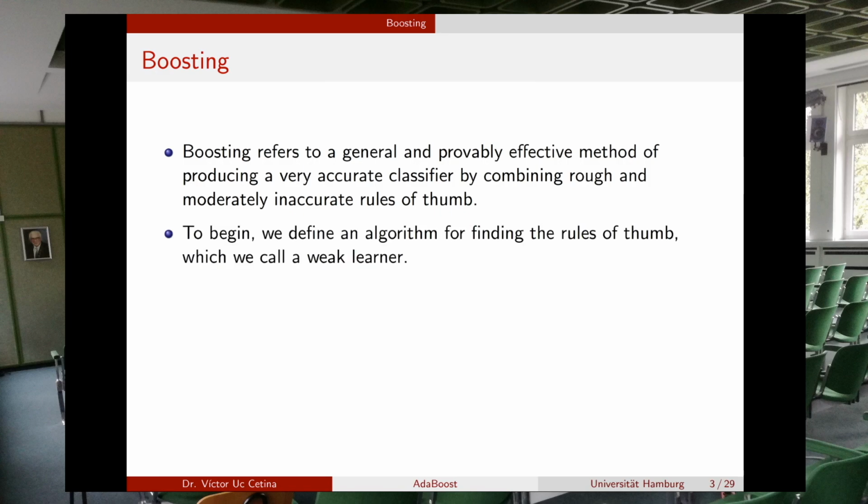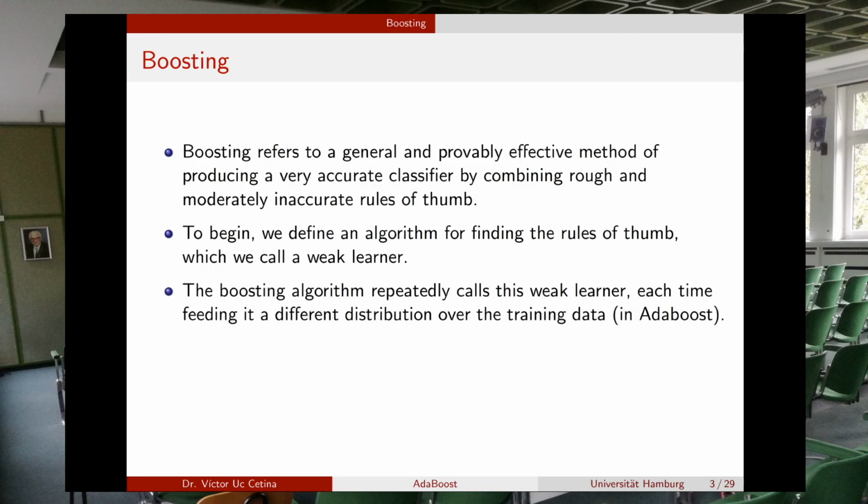So to begin, we define an algorithm for finding these rules of thumb, which are called weak learners or weak classifiers. And the boosting algorithm repeatedly calls this weak learner, but each time this weak learner is executed, it will be fed with a different distribution over the training data.